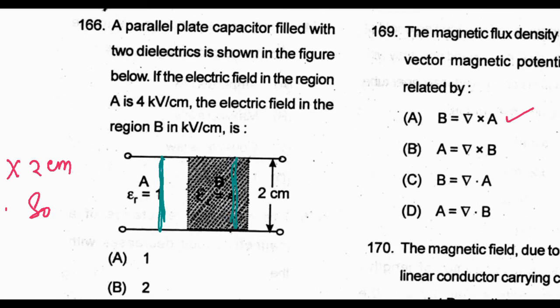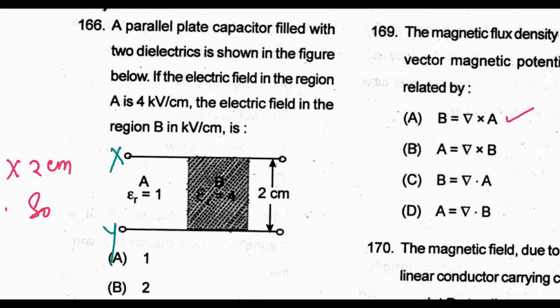As we are seeing, this is the same plate, and this is the same plate. So the potential difference will always be the same. The potential difference between the two plates is always the same, as these are connected parallelly.